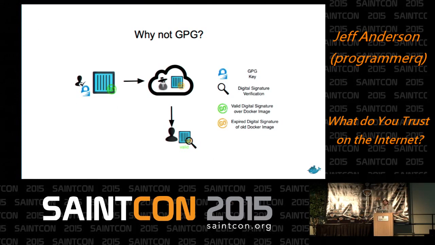If I do my pacman install, the Arch maintainers have signed all their packages, and I can do a GPG signature verification, and boom, I know that this package came from the publisher, and that's good. I also use GPG in my own email, so if I send you an email, I can sign it, and you know, hey, this email that Jeff sent 5 years ago really did come from him, assuming that the key is still not compromised, which I hope mine isn't.